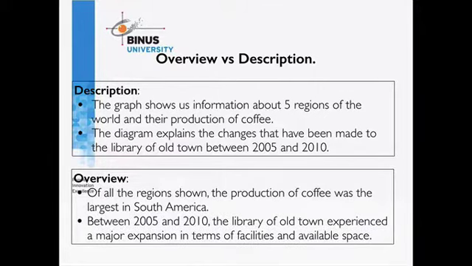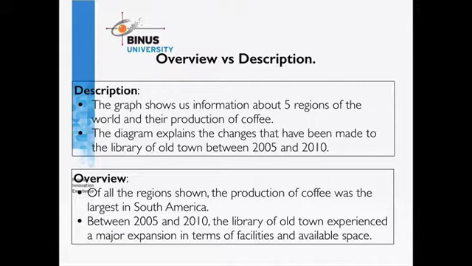Between 2005 and 2010, the Library of Old Town experienced a major expansion in terms of facilities and available space. So you can see that there is quite a clear difference between the information given in a description and an overview. Now, you can write a description, but that is not enough alone. You must include the overview in terms of the key trends.